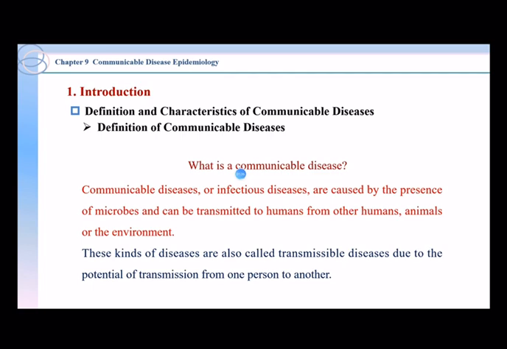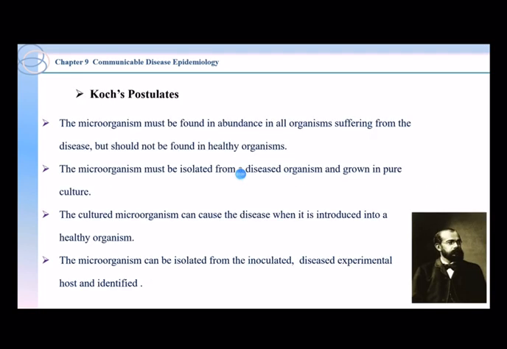Communicable disease or infectious disease is caused by the presence of microbes and can be transmitted to humans from other humans, animals, or the environment. This kind of disease is also called transmissible disease due to the potential of transmission from one person to another.